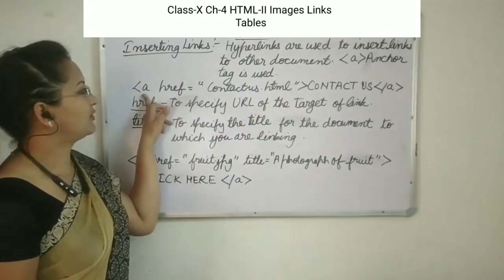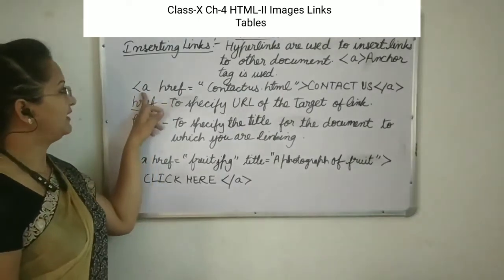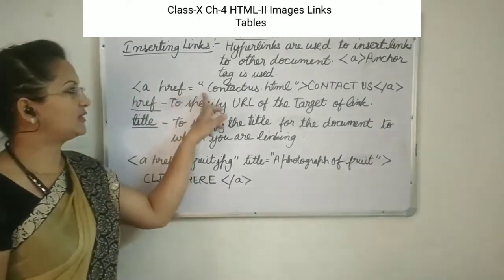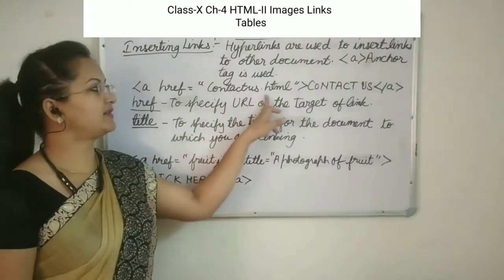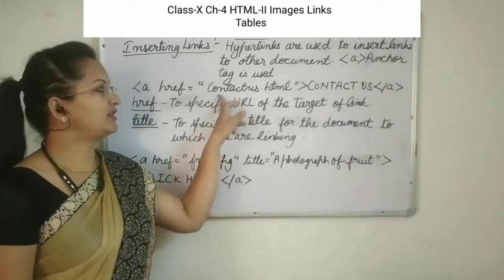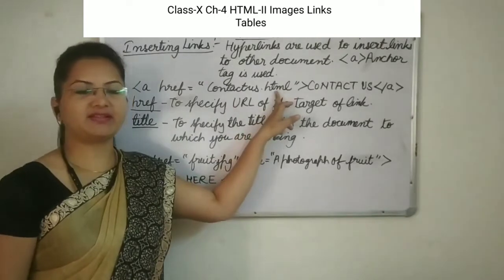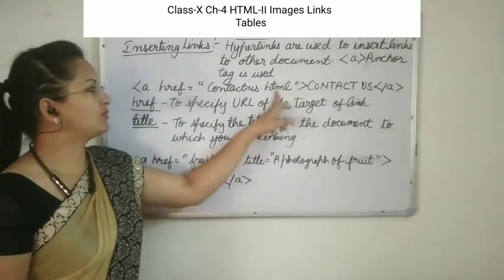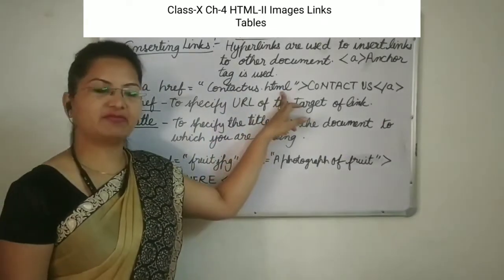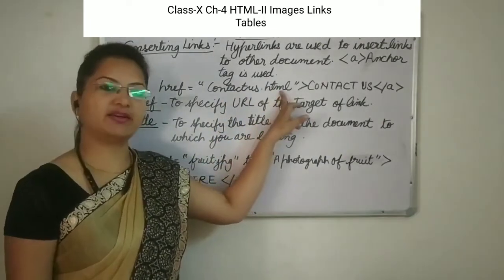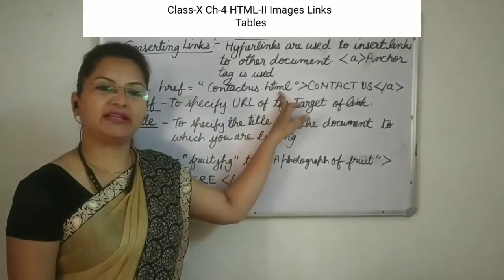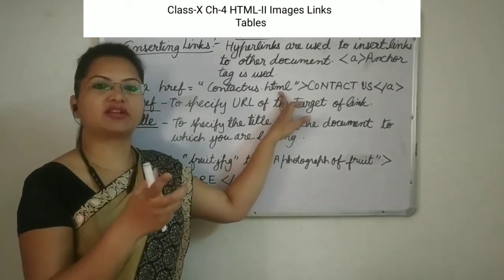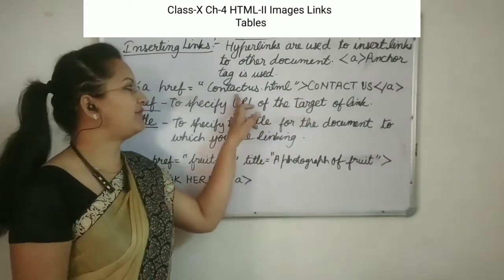And what is the syntax? You can see here. It is a, then href equals contactus.html. So this is the page name. This is another page, like the page name is contactus.html. So that page name we can write here. We can write a website name also here. We can also write the image name. When we click on the link, it will take us to the respective page, whatever we have inserted here.